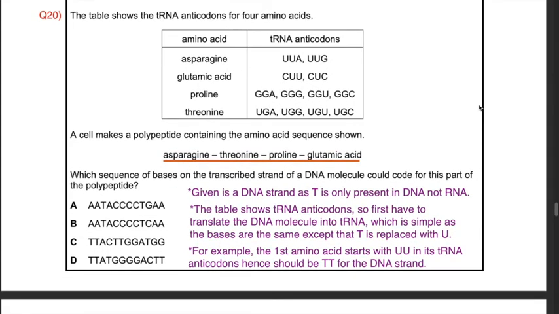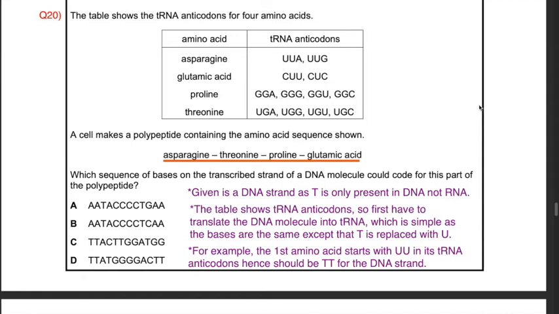Question 20. The table shows the tRNA anticodons for 4 amino acids. A cell makes a polypeptide containing the amino acid sequence shown: asparagine, threonine, proline, and finally glutamic acid. Which sequence of bases on the transcribed strand of a DNA molecule could code for this part of the polypeptide? Given is a DNA strand, as T is only present in DNA, not RNA.